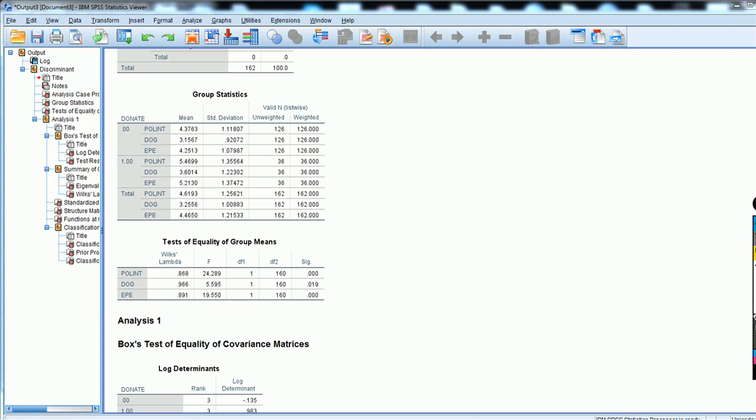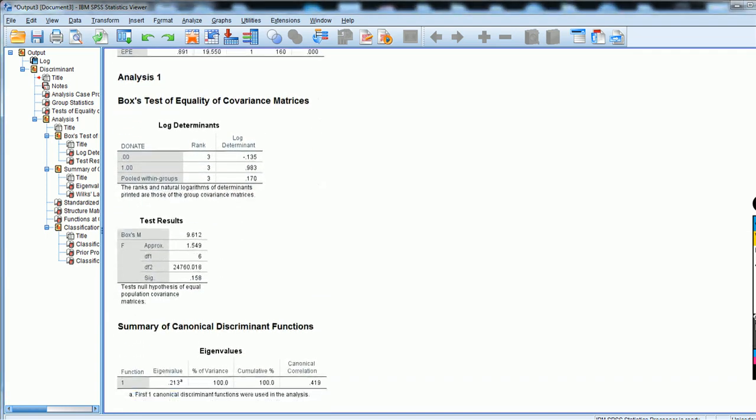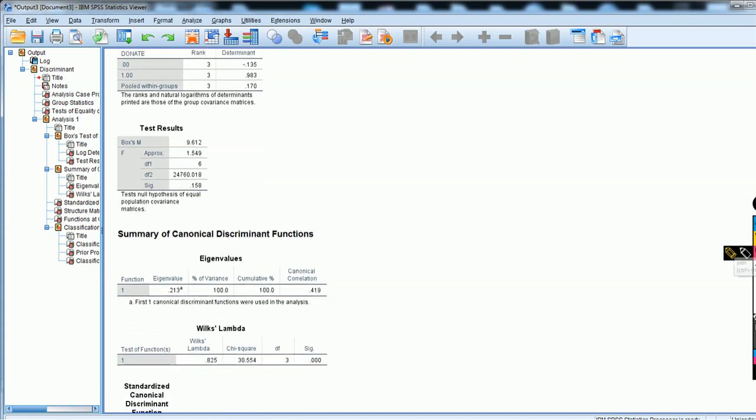Scrolling down a little bit further, you can see we now have Box's test, and this is a test of the assumption of equality of population variance covariance matrices. This is your p-value for this particular test, and when you compare this value against your alpha threshold, if it indicates that it's non-significant, that's actually a good thing because you're meeting the assumption of the statistical procedure.